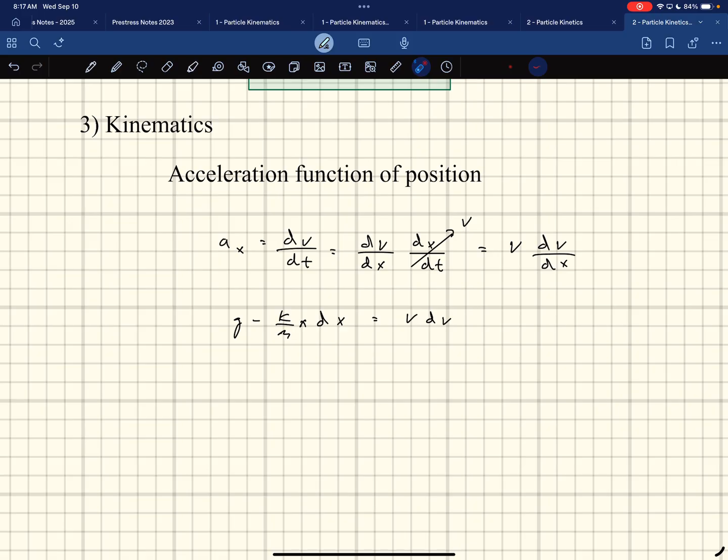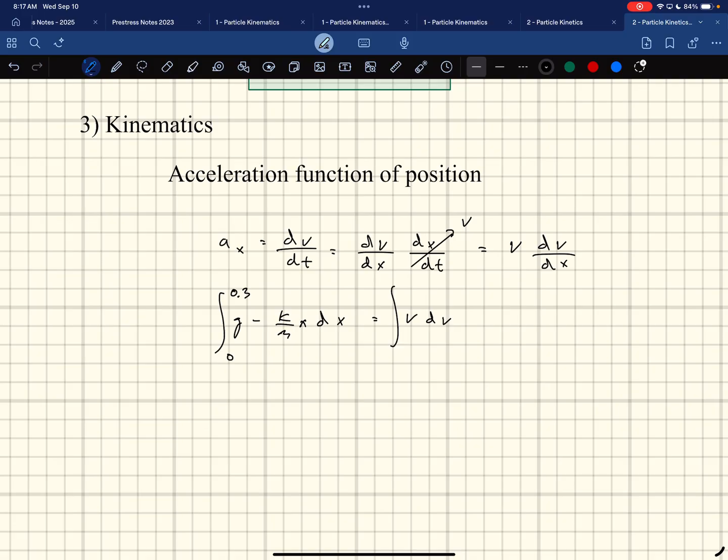And then we integrate this. This is integration with respect to x, and we know that this thing's starting out at 0 deflection and it's going to 0.3. The problem statement says, what's the velocity when it gets to 0.3? That's where I put that 0.3.